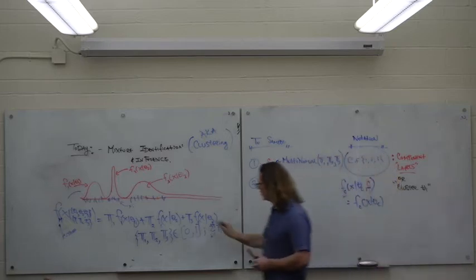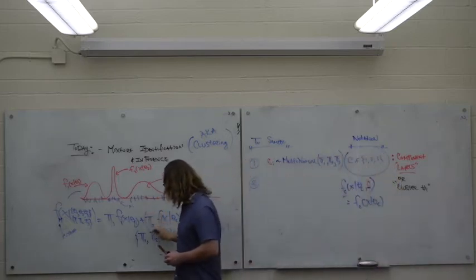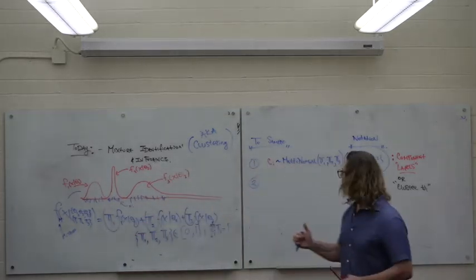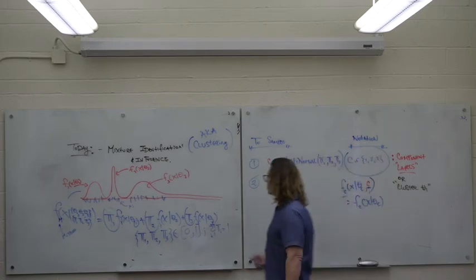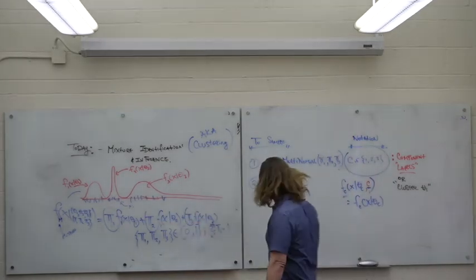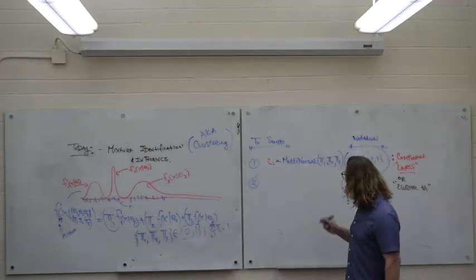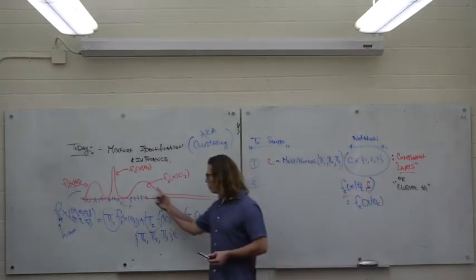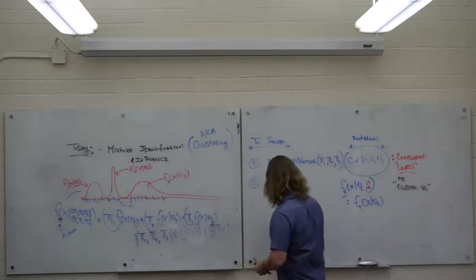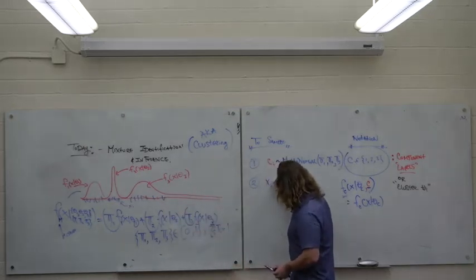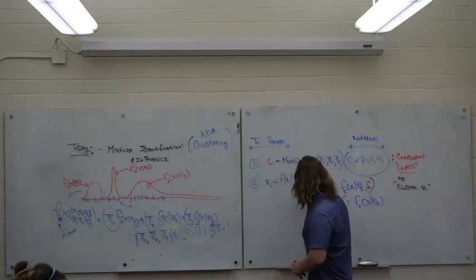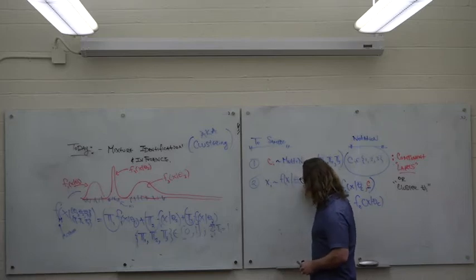Those probabilities are these probabilities. So what we're going to do first is flip a coin and decide which component we come from. And then, once we know which component we come from, we're going to sample from that particular distribution. So x_i is going to come from f of x given theta c_i.